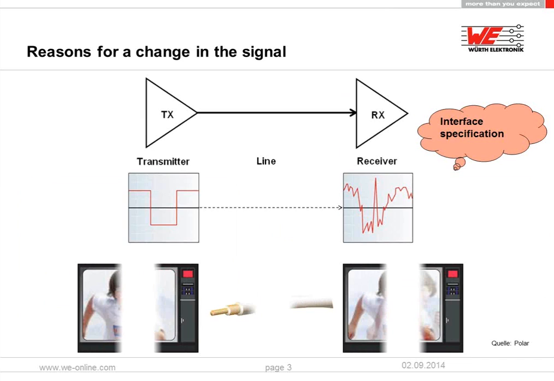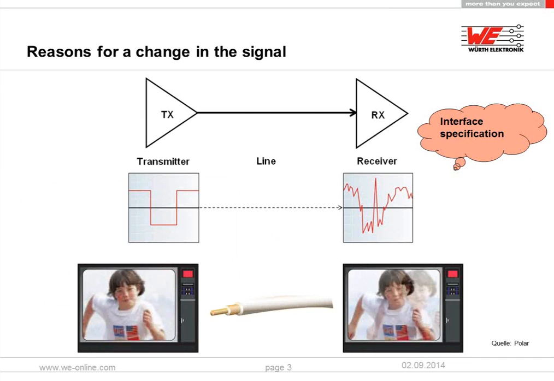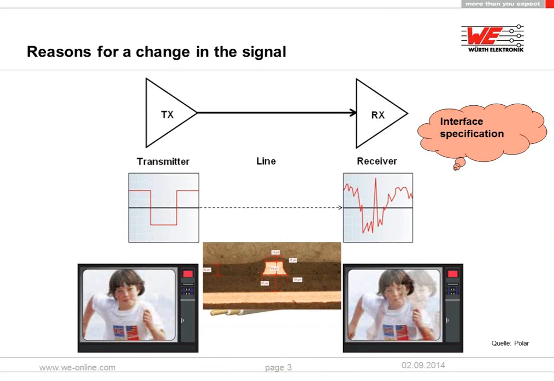So the requirement for this transmission line comes from the specification of the interface, and in our case that's a printed circuit board, as you can see here on the cross-sectional picture, showing a signal line and a reference layer below. We know that a printed circuit board is not an optimal transfer medium.